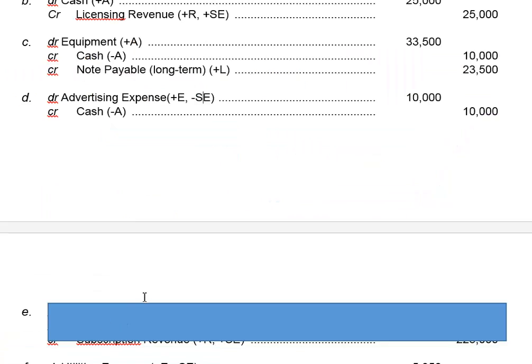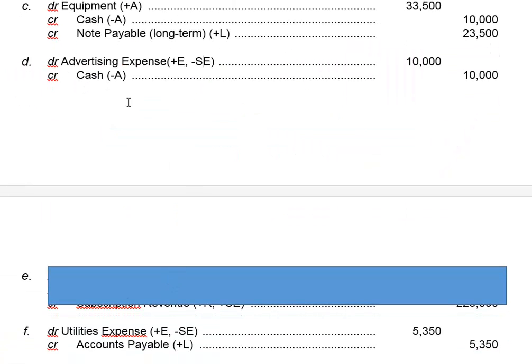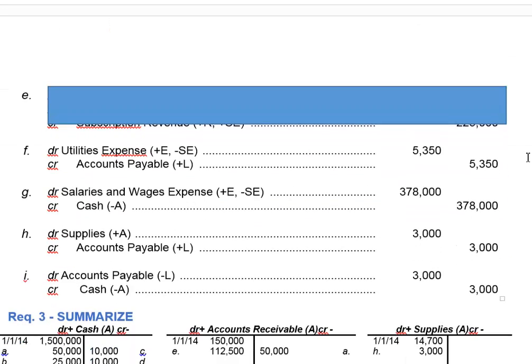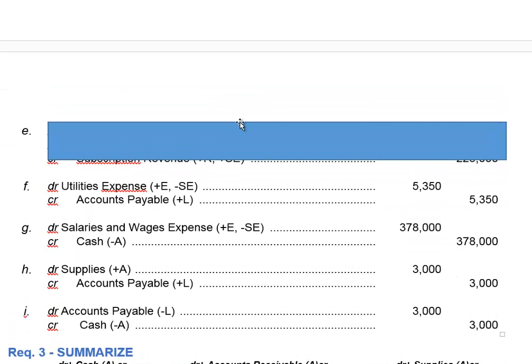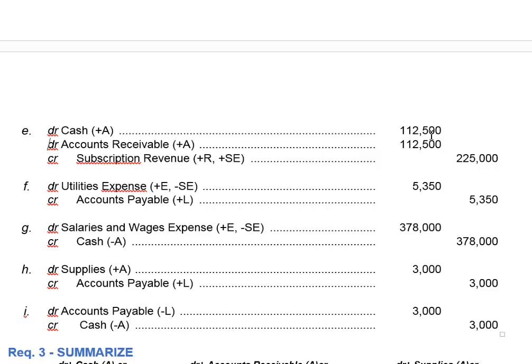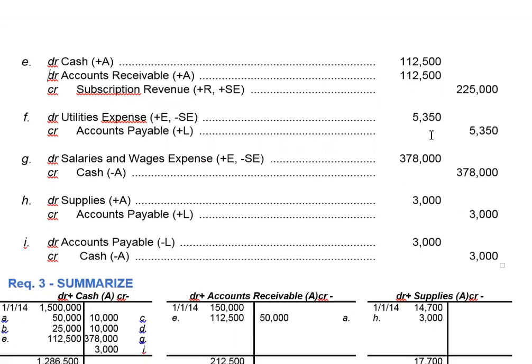So therefore, we are going to decrease our shareholders' equity by $10,000 when we increase the advertising expense. We've decreased cash $10,000, so we credit it. So the total dollar value of all the debits and the credits that we processed in this transaction are in fact equal.